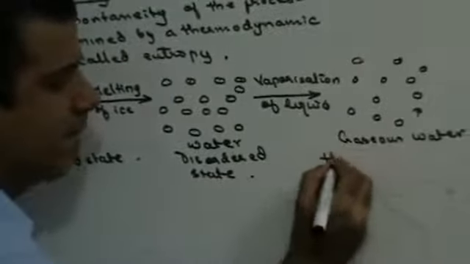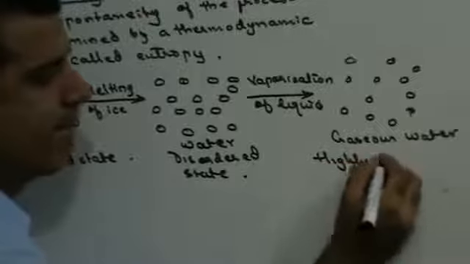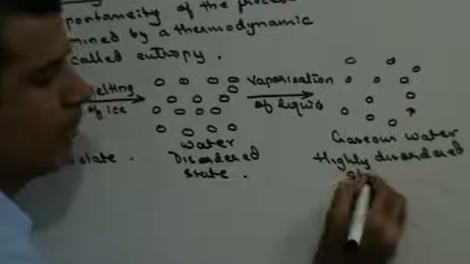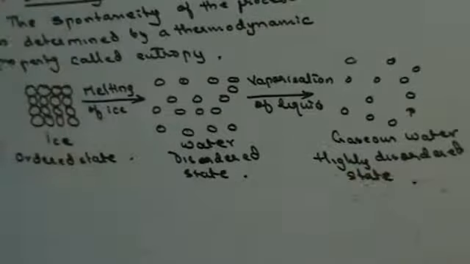This is a highly disordered state. So as I heat the substance, its disorderliness goes on increasing. What we see here is, as I go on heating a substance, its disorderliness goes on increasing, right?